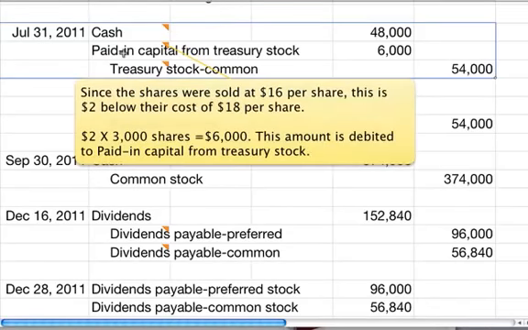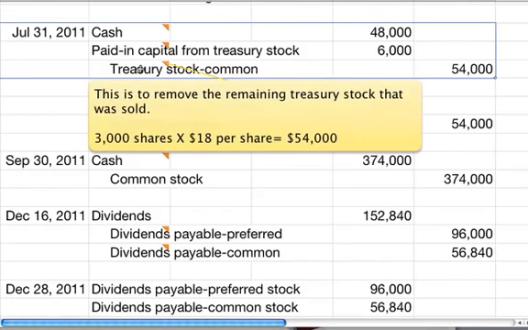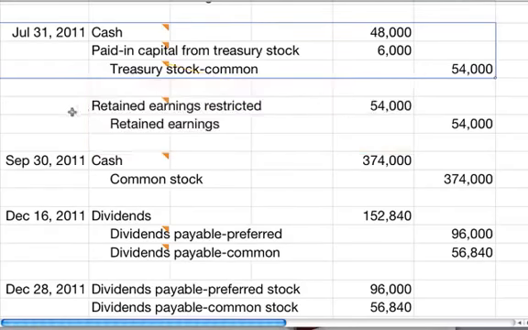It's $48,000. Paid in capital from treasury stock is $6,000 because the shares were sold at $16 but they were carried at $18 per share. So it's a $2 difference. $2 times 3,000 is $6,000. That amount's debited to paid in capital from treasury stock, and the balance to remove the remaining treasury stock is 3,000 times $18 per share.